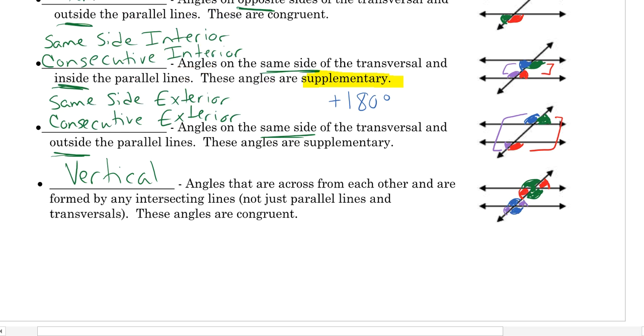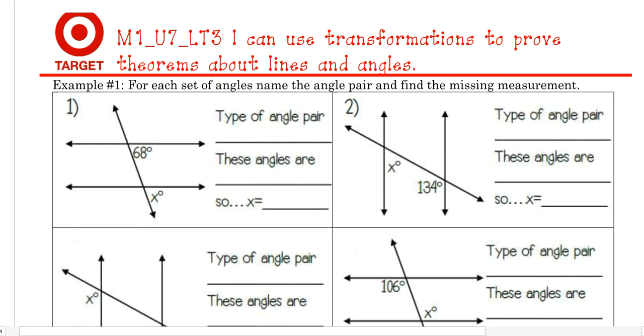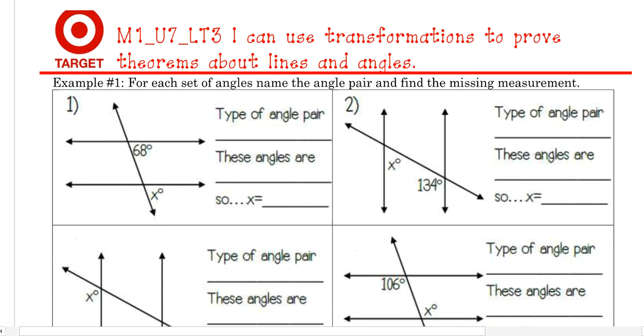Okay, so why do these angle relationships matter? We use these angle relationships to allow us to solve types of problems. So for example 1, it says for each set of angles, name the angle pair and find the missing measure. Looking at number 1, I can see that I have one angle, it's an interior angle, and the angle that I am looking for is an exterior angle.